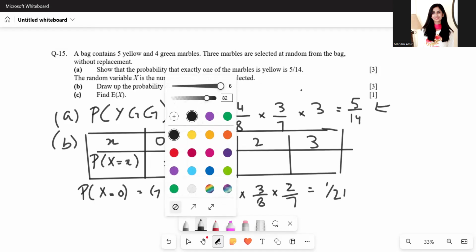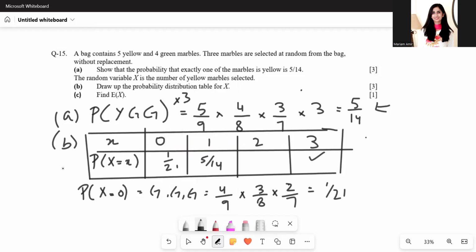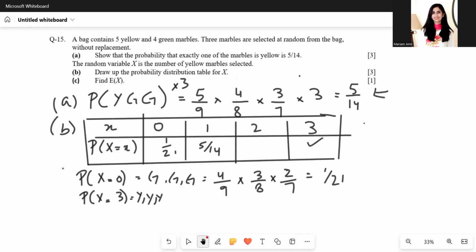Okay, next I'm finding this because it's easier to calculate probability that all three marbles are yellow. So yellow, yellow, and yellow would be 5 upon 9, then 4 upon 8, then 3 upon 7, which gives 5 upon 42.